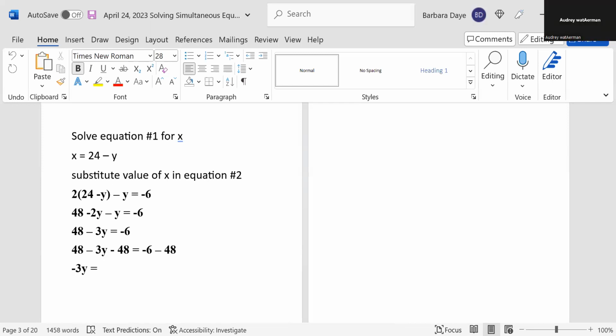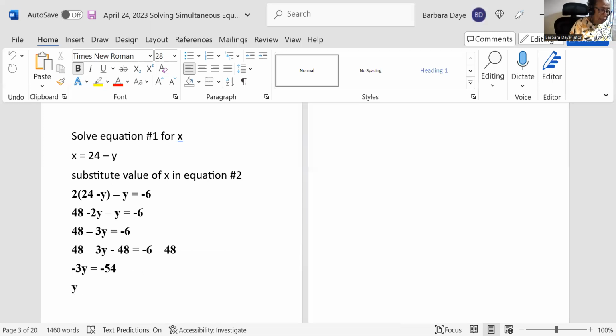That is 42. Minus adds, 54. Minus 54. Thank you, Audrey. Okay, Mercedes, what is y equal to then? 54 divided by 3. So we go to division, divide by minus 3 on both sides.